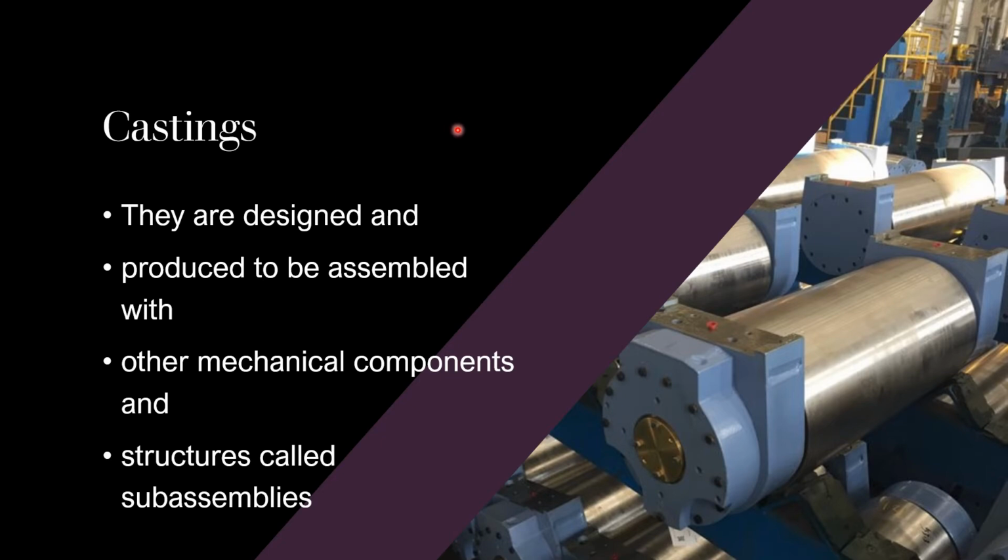You have to assemble them with other components to get your final products. Sometimes they can be the final product, but most of the time you will be using these castings in further assemblies.